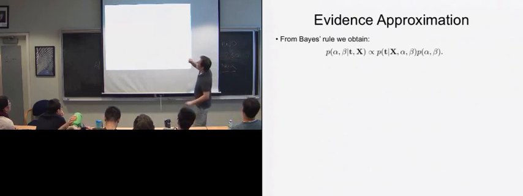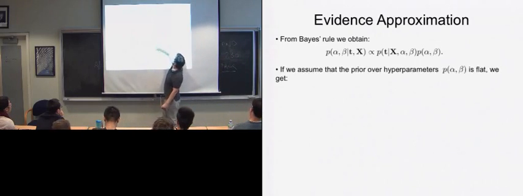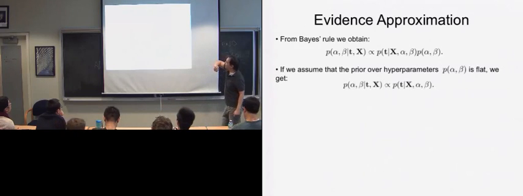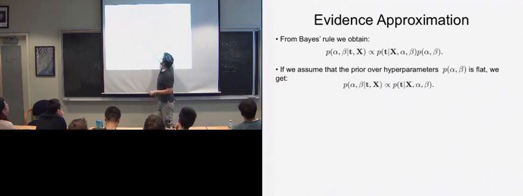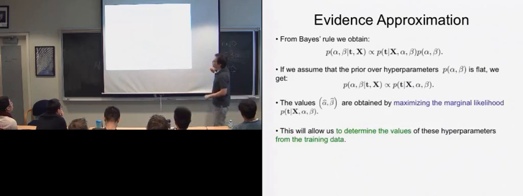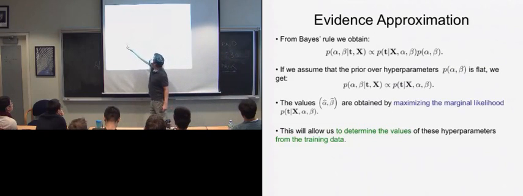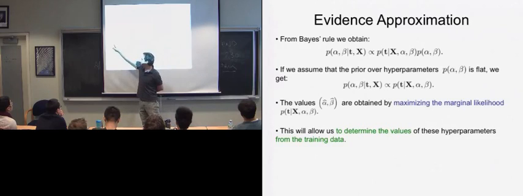So remember from Bayes' rule, the posterior of the hyperparameters is going to be given by the likelihood times the prior. If we assume the prior is flat, and that's the assumption that we're going to make, uninformative, uniform, then the posterior is going to be proportional to the likelihood. Then we can get these point estimates by maximizing the marginal likelihood of t given these values.